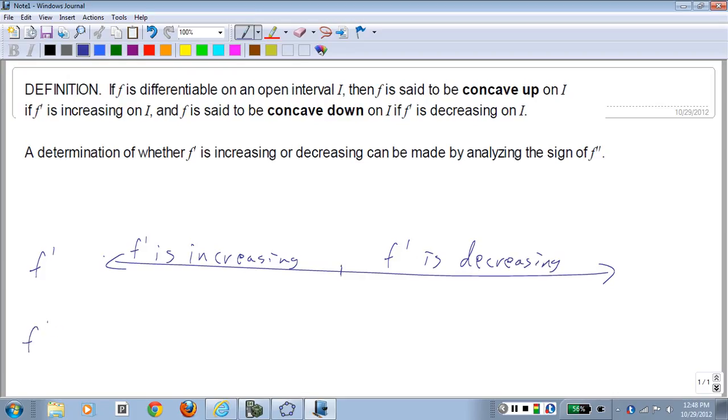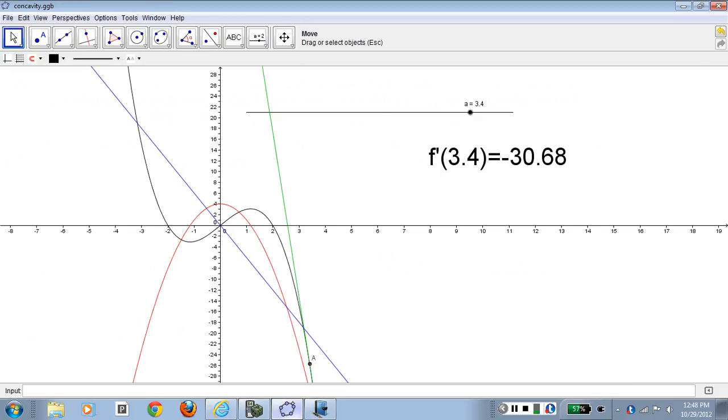What can we say about f double prime? If f prime is increasing, its derivative, f double prime, is what? Well, I need to put this in the form of a multiple choice question so you know what answer I'm looking for.